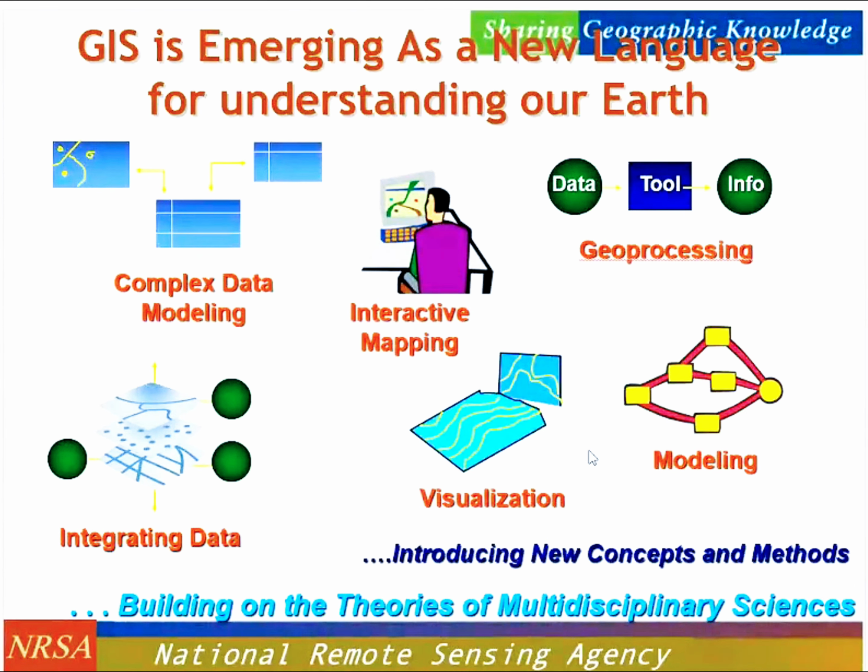So Roger Tomlinson is the father of GIS. Why? Because Roger Tomlinson's pioneering work to plan and develop the Canada Geographic Information System resulted in the first computerized GIS in the world in 1963, right?